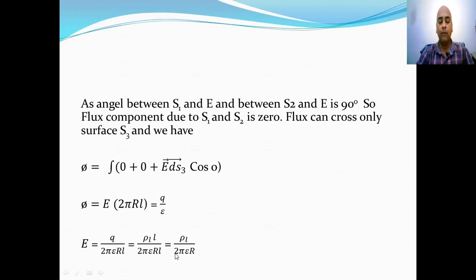So the electrical field is equal to rho L divided by 2 pi epsilon naught R at point P.